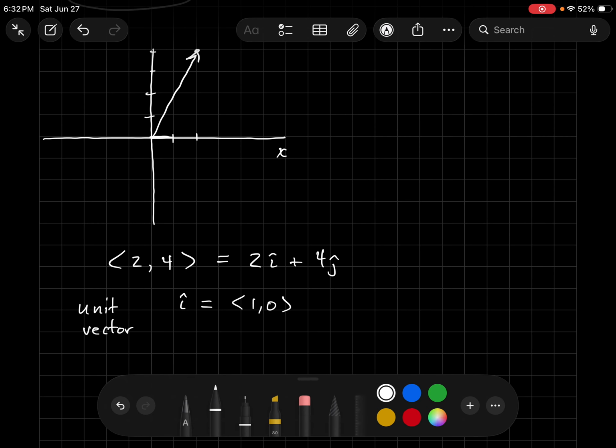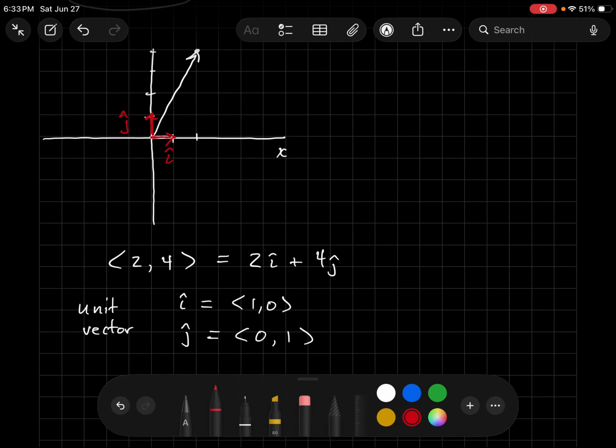Let's change the color so we can see it. That'll be i right here in red. And then j is also a unit vector, but it's a vector along the y-axis. It is the vector 0, 1, which I'll draw in red over here, like that.